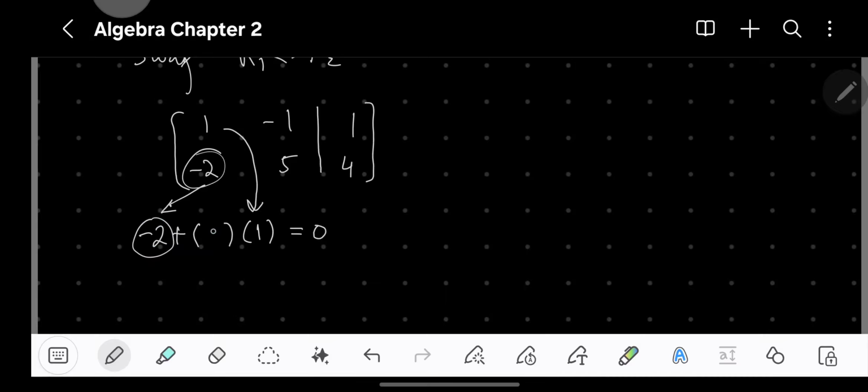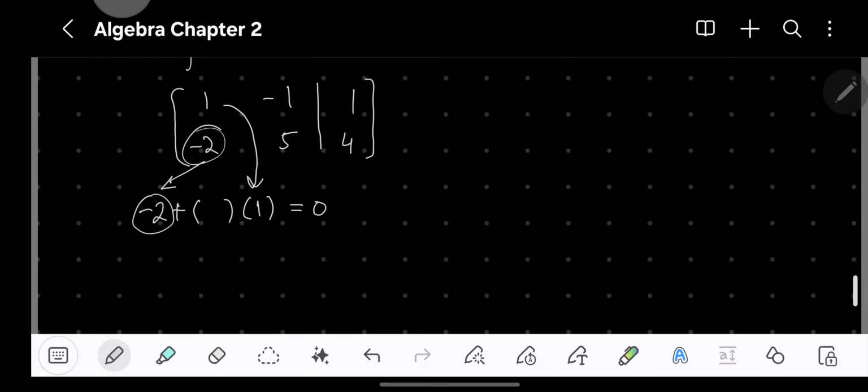I should get 0. Here is -2. Here what should I put? If you think, if I put here 2, then I will get -2 plus 2 times 1, which is 0. So that means this number should be 2. Okay? The missing number should be 2. Here I will write 2.